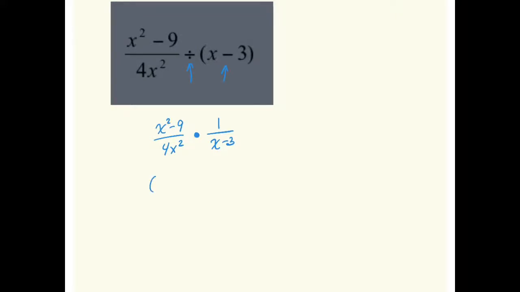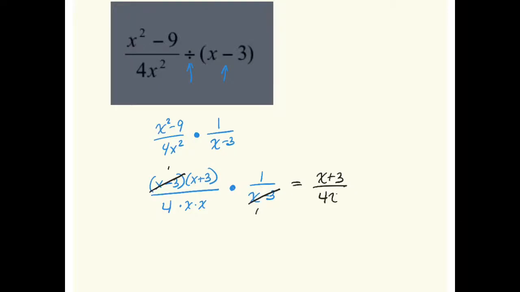So x squared minus 9 is x minus 3 times x plus 3 over 4 times x, multiplied by 1 over x minus 3. As you can see, you can cancel out x minus 3 and x minus 3. So you have x plus 3 on the top times 1, and then 4 times x times 1 in the denominator, and that's your solution.